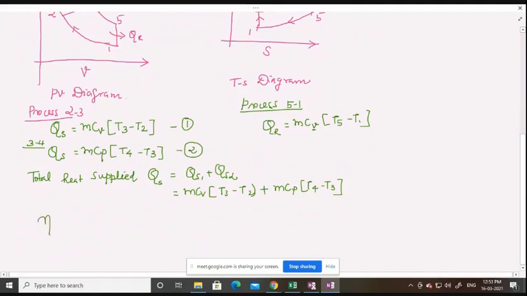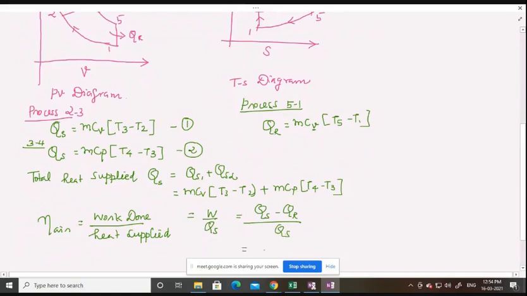So already we know that the general air standard efficiency is nothing but work done divided by heat supplied, right? So work done is nothing but the difference of heat supplied and heat rejection.